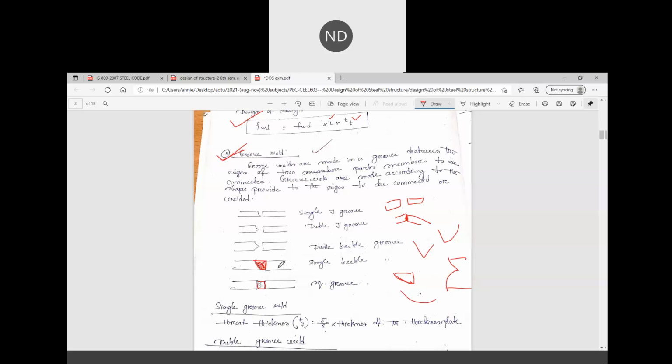This one was single bevel. So you have J groove, double J groove. This is your J kind of groove. Here you have two J's, from this side one J, and from this side one J.